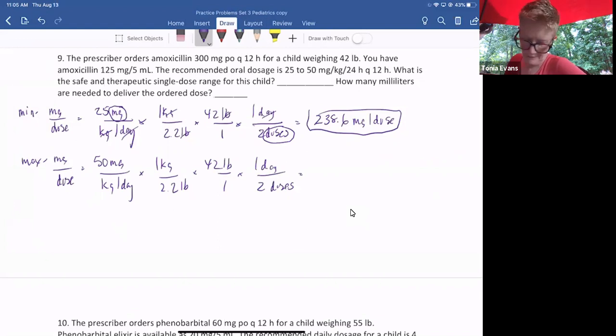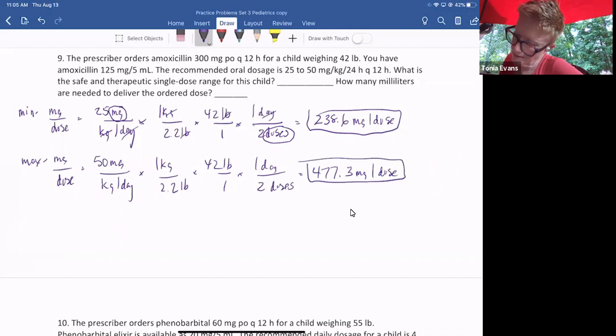Fifty times 42 divided by 2.2 divided by 2 equals 477.3 milligrams per dose.